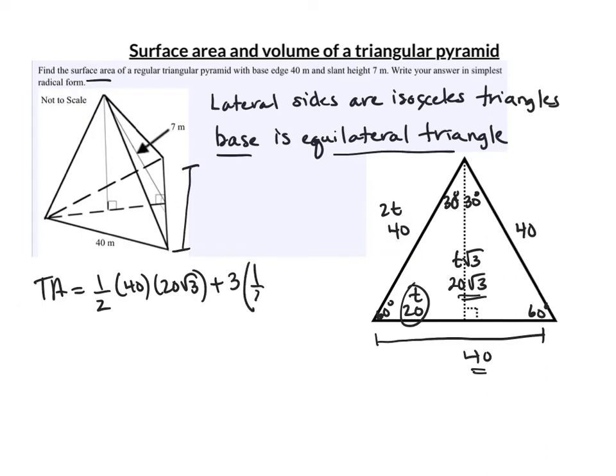Each triangle has an area of 1/2 base times height. We know that the lateral sides are all isosceles triangles, and every base is 40. And they've given us in the picture that the height of each of these triangles is 7.